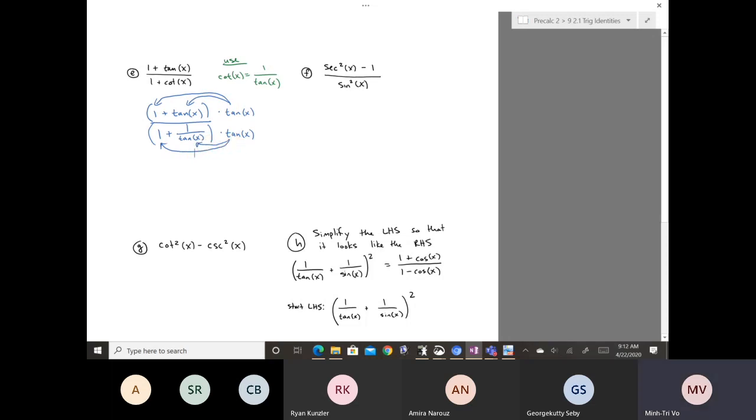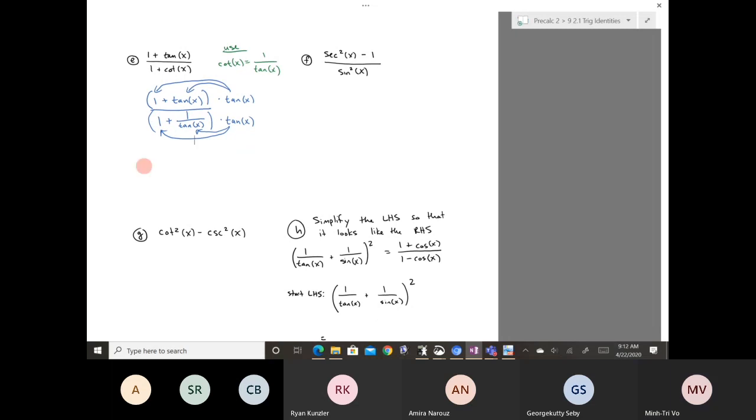What do I get? Tangent times 1 is tangent. Tangent times tangent is tangent squared, because something times itself is just that thing squared. Tangent times 1 is tangent. And then this is tangent over tangent, so that cancels out to just 1.